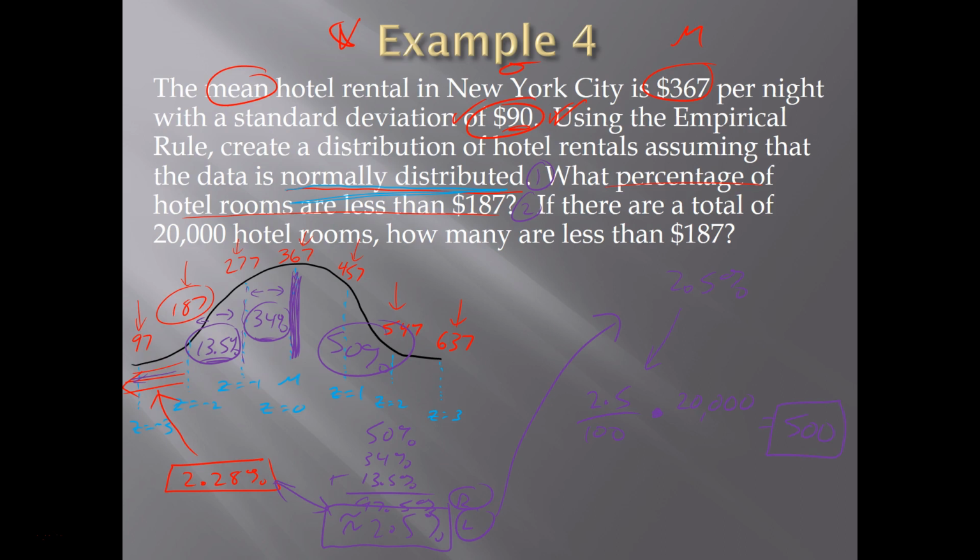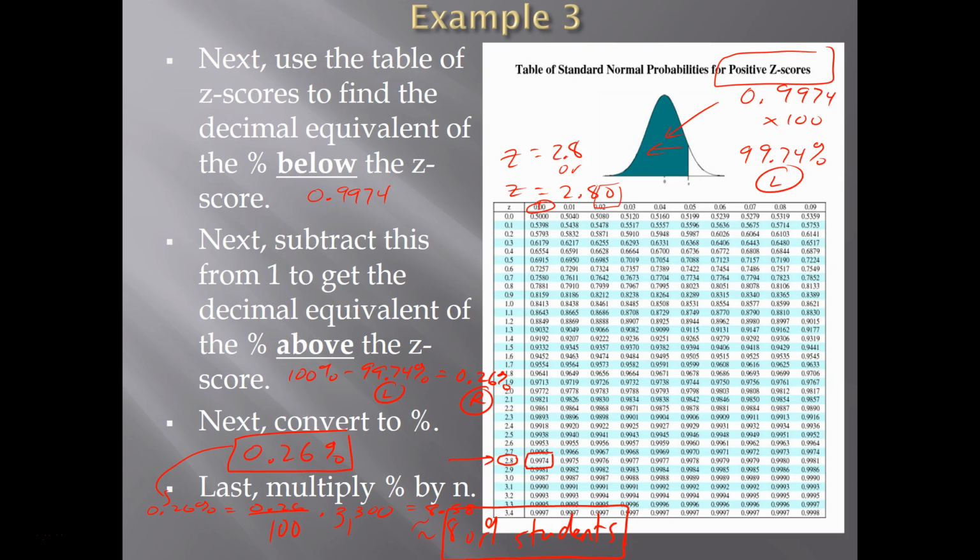And please, please, please remember, when you use a z-score table, it's always giving you the percentages to the left of that z-score, what's less than the z-score. And when you need numbers to the right, think, hey, if 90% is to the left, then 10% must be to the right, right? If 75% is to the left, then 25% must be to the right, right?